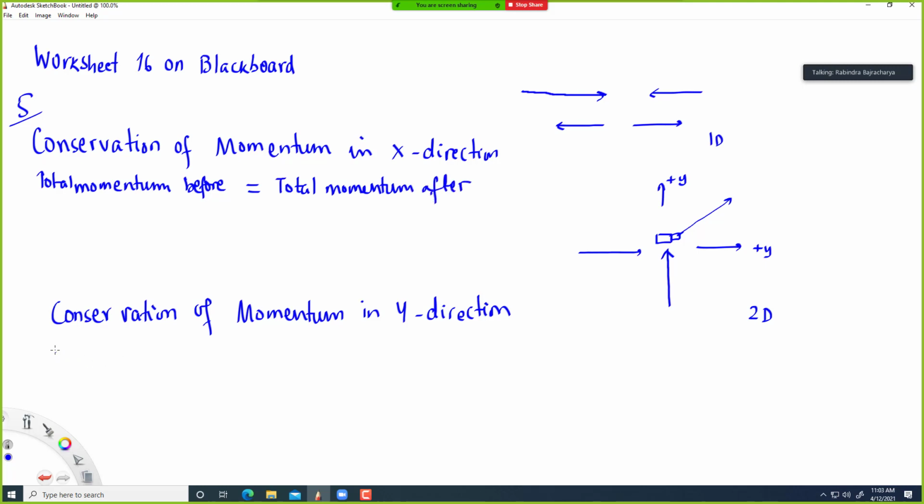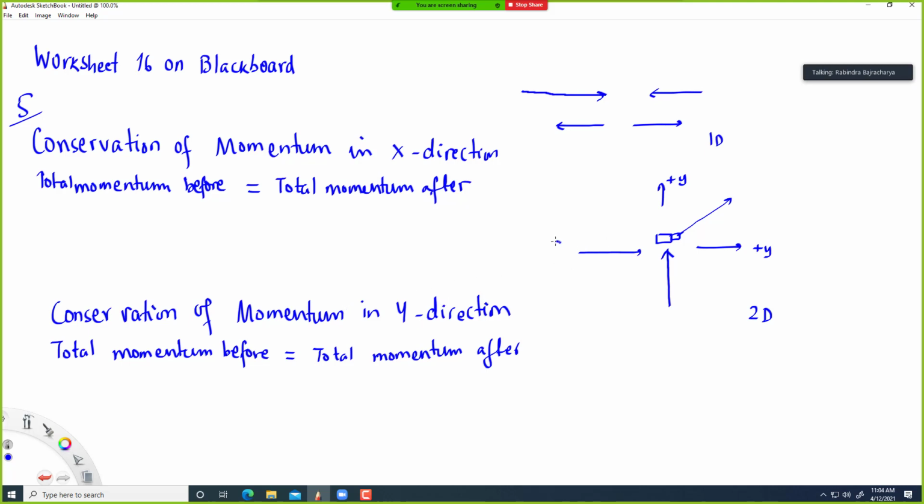Same thing here, total momentum before collision is equal to total momentum after collision. So this is along x direction, that's along y direction.